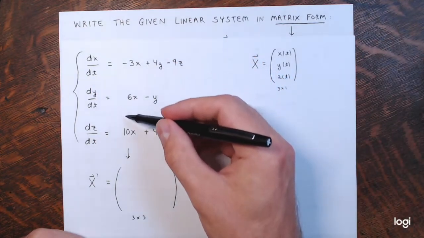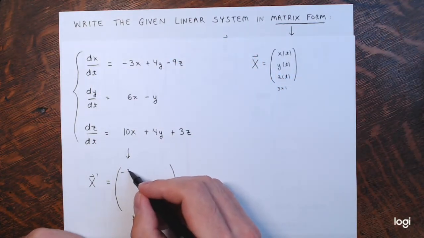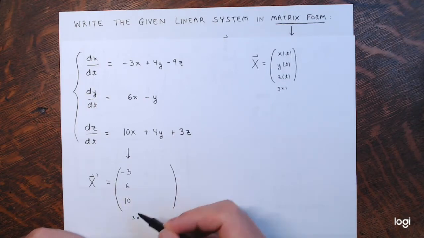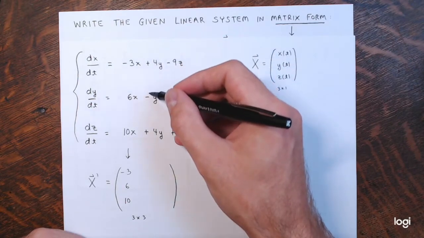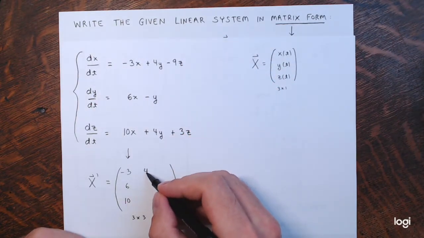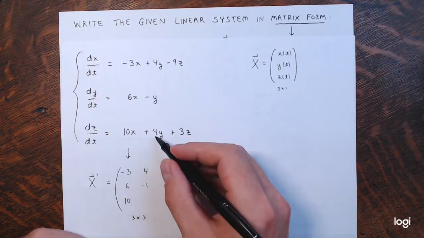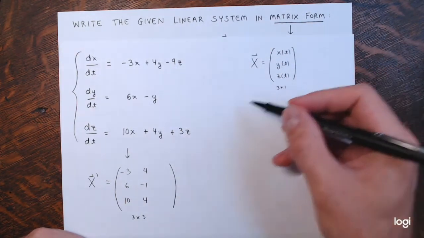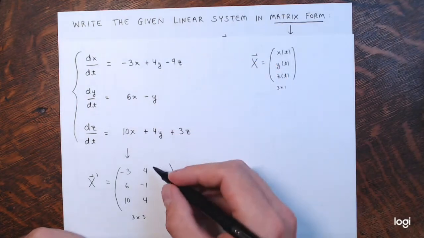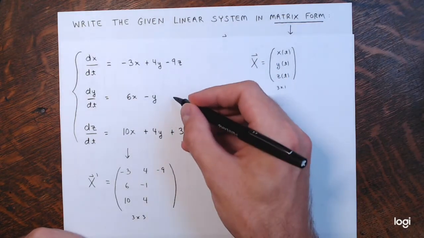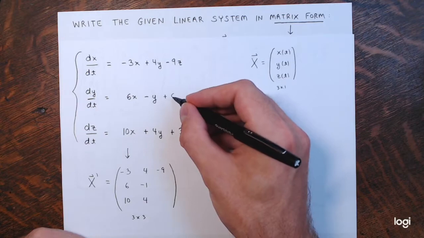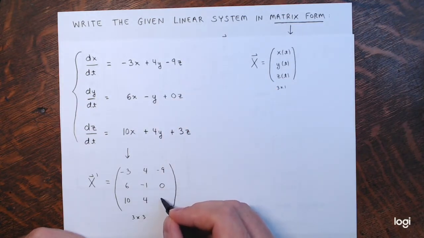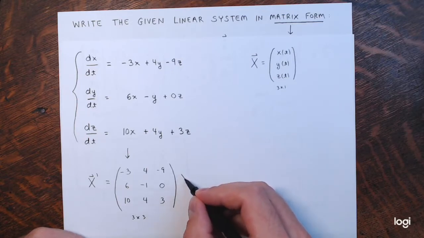So the coefficients of x down the first column, so negative 3, 6, 10. Then the coefficients of y down the second column, positive 4, negative 1, and then positive 4. And then the coefficients of z down the third column, so negative 9, 0z, you can technically think of this as plus 0z, so 0, and then positive 3, and then times vector x.